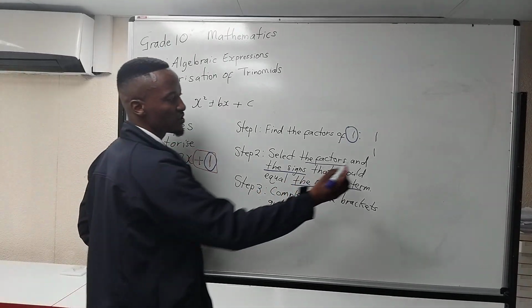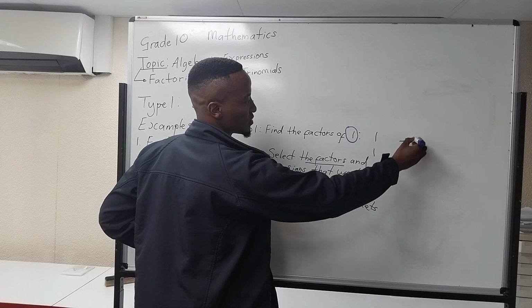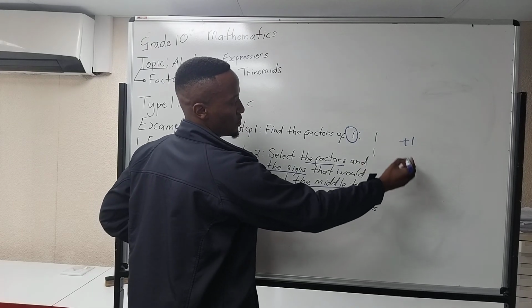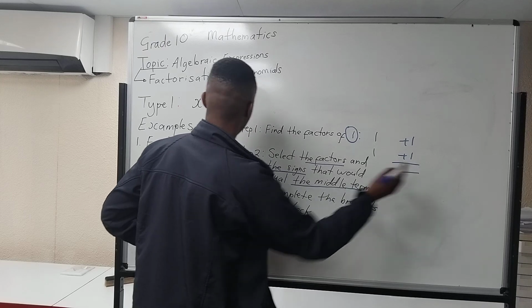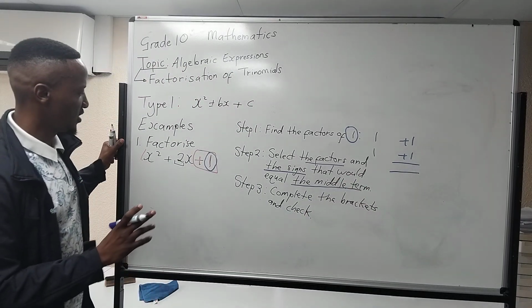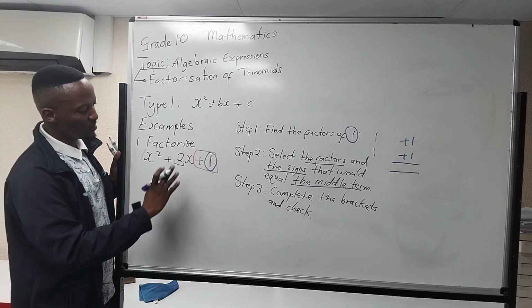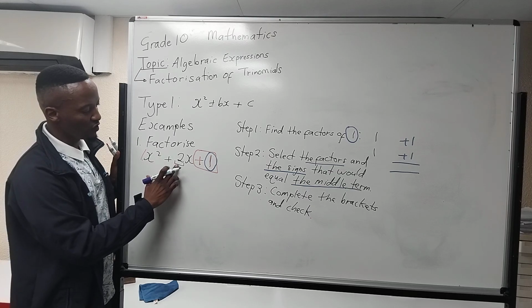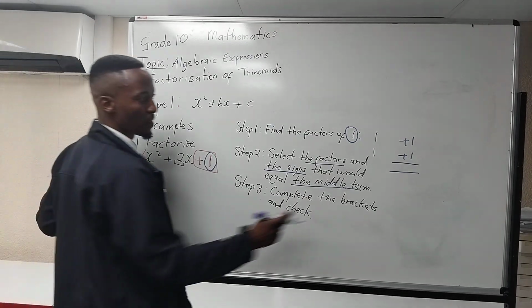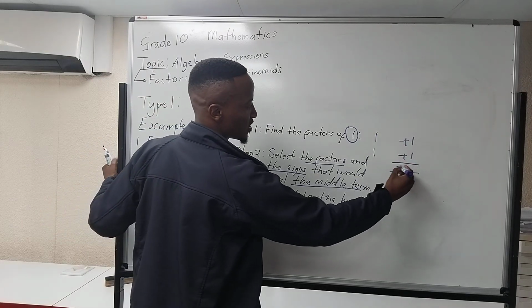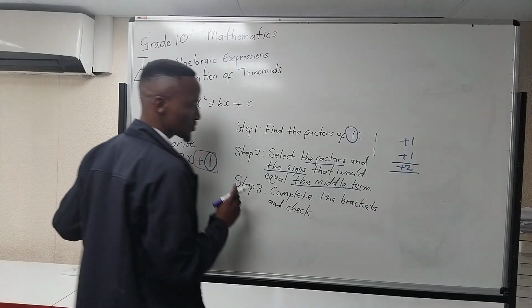We say positive 1 plus positive 1. My factors must be in a way that when I add or subtract them, they give us the coefficient of the middle term, which is positive 2. So we have positive 1 plus positive 1, then we get positive 2.